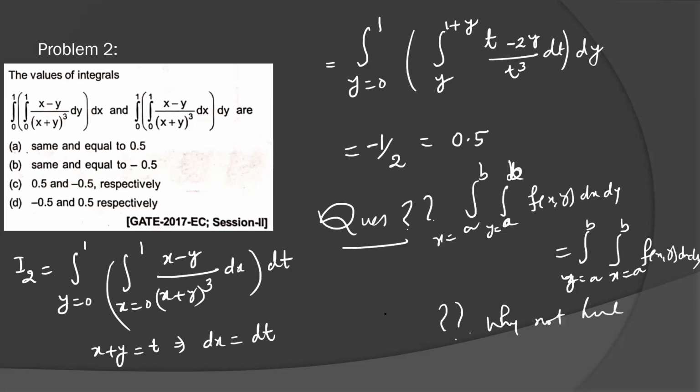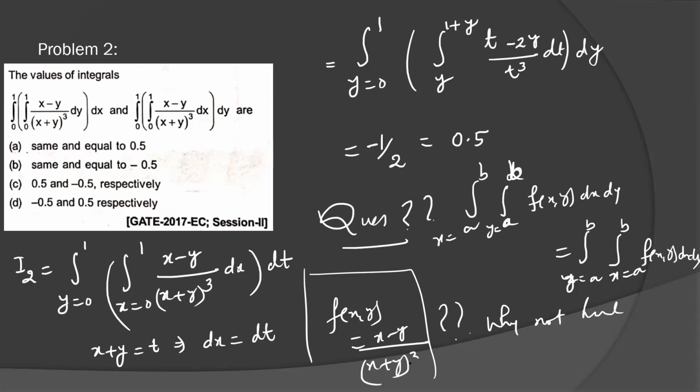Because if you see the function f(x, y), it is not continuous at the boundary. At 0, 0, x equal to 0 and y equal to 0, it is not continuous. It means it is violating the condition of this property. f(x, y) must be continuous in the closed interval [a, b] cross [a, b].